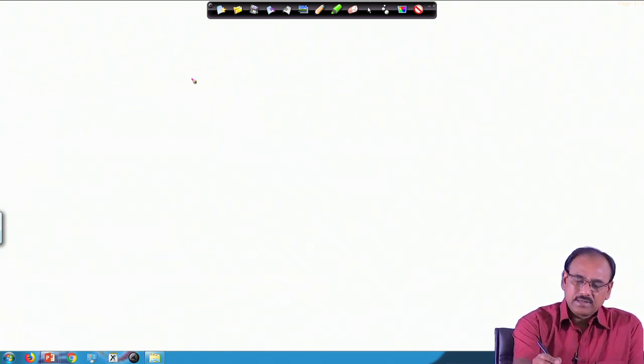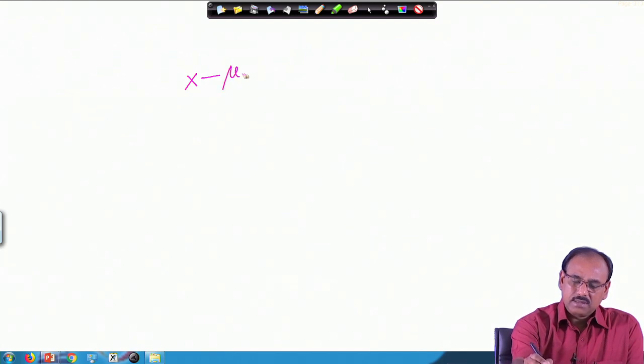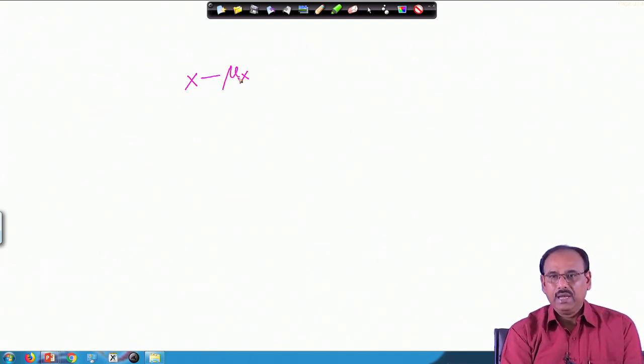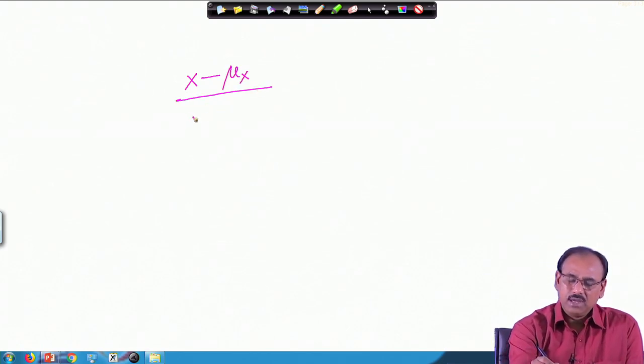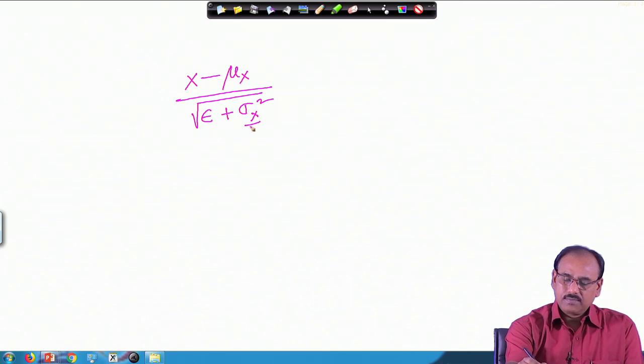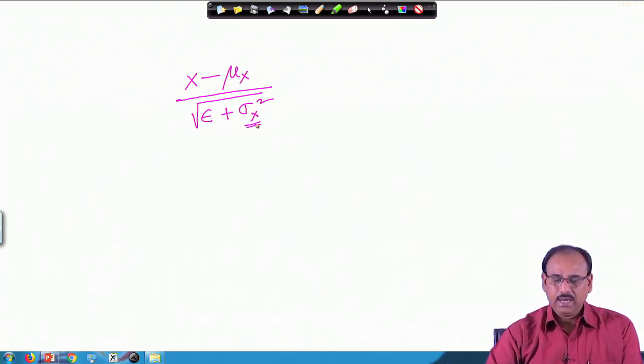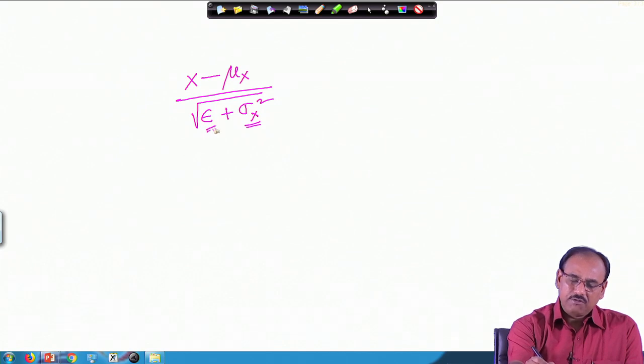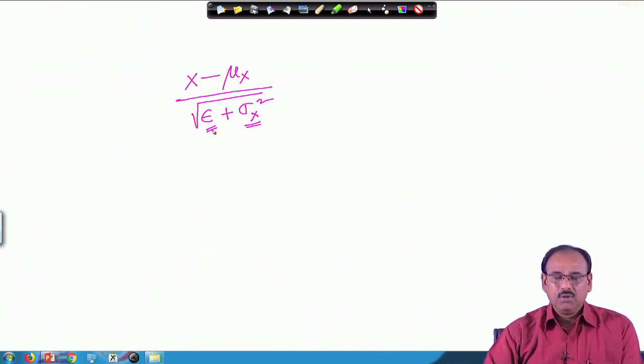For any data x, x is normalized as x minus mu_x, where mu_x is the mean of the population, divided by the square root of epsilon plus sigma_x squared, where sigma_x is the standard deviation, and epsilon is a very small positive constant which is introduced to make the division stable. That is, I do not come across any situation like division by 0. So, this is how the normalization procedure is done.